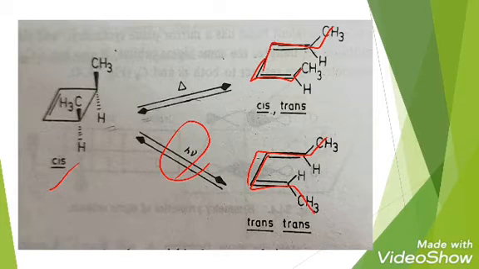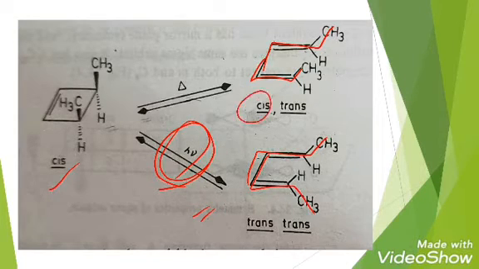So both the double bonds are in trans position under photochemical condition. Under thermal condition, one of the double bonds is in cis position and the other double bond is in trans position. So the reactant is the same, but the products are different.